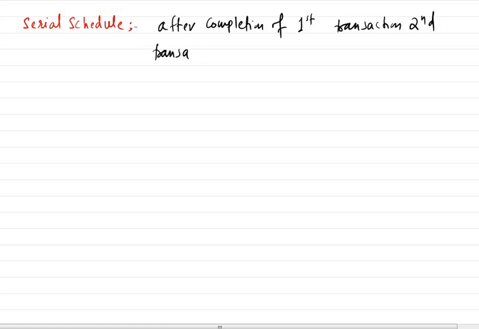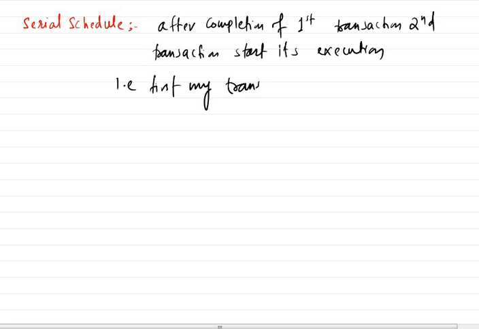So what is a serial schedule? Serial schedule means transactions execute serially. That means after completion of the first transaction, the second transaction starts its execution. First my transaction and then your transaction.